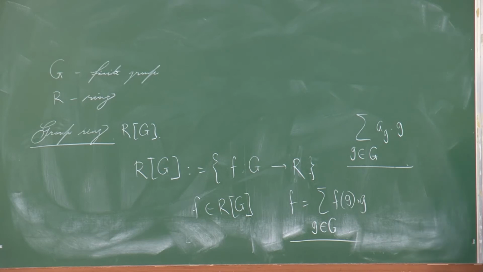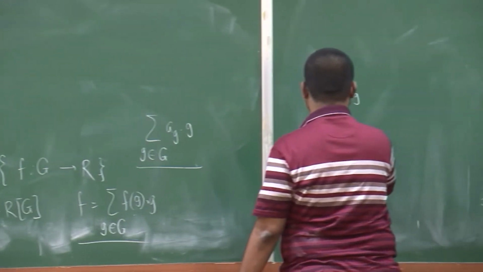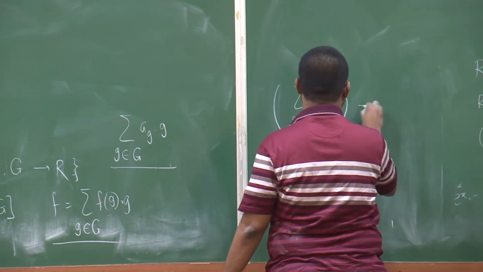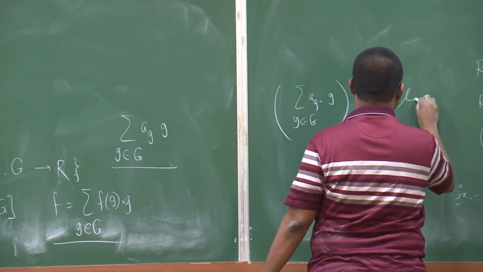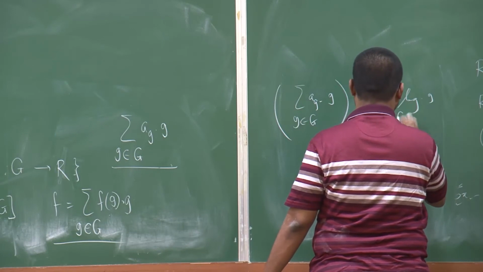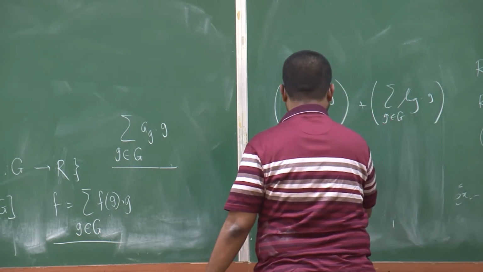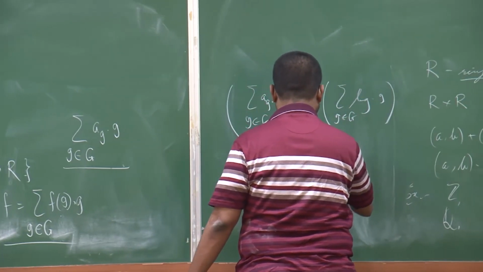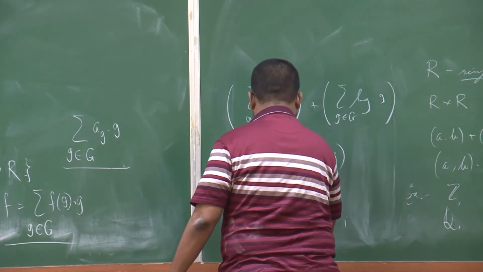So in this notation, if we write down the addition of the sum of a_g g and the sum of b_g g, what we obtain is the sum of (a_g plus b_g) g.